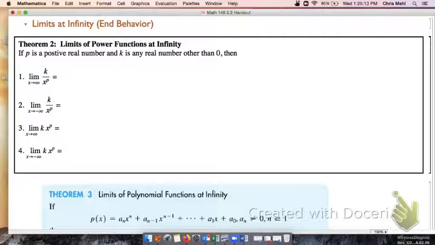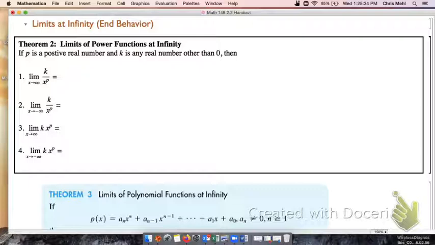and rational functions. Now, Theorem 2, there are 4 limits here. This theorem is going to allow me everything I need to do limits of polynomials and rationals at infinity, so basically the end behavior of polynomials and rational functions.